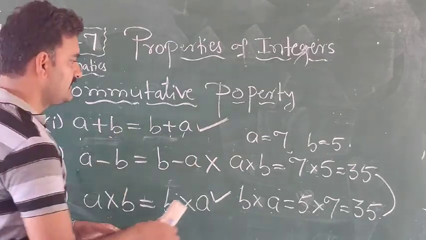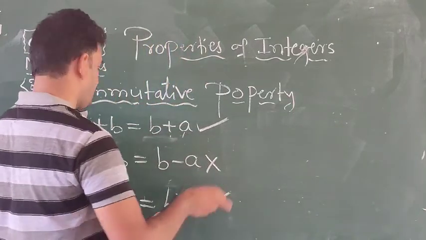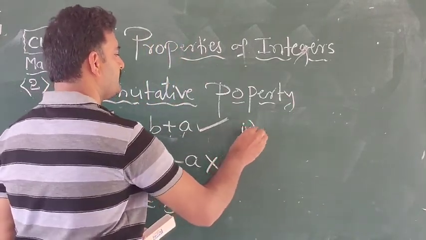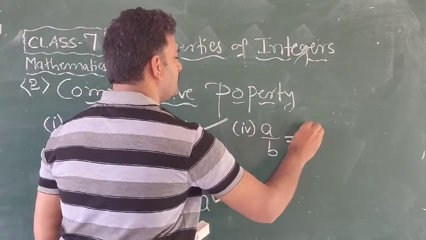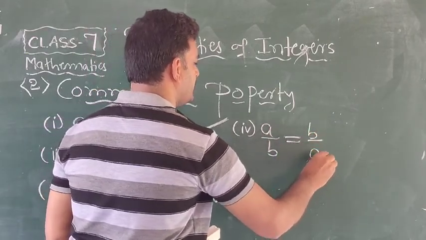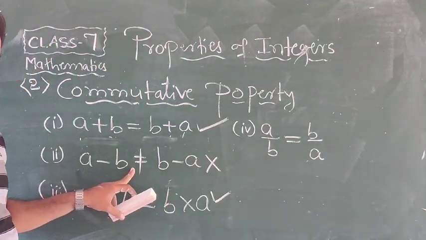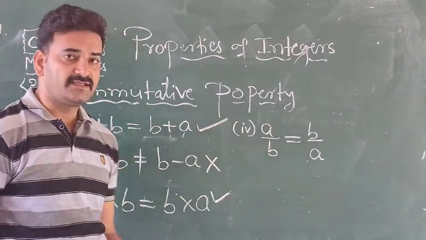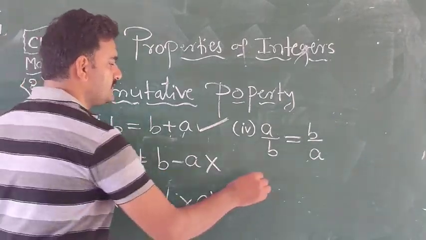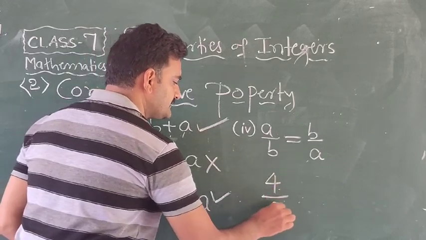Now last one, that is division. Fourth one. A divided by B, B divided by A, whether they are equal or not. Let us consider A as 4 and B as 2.